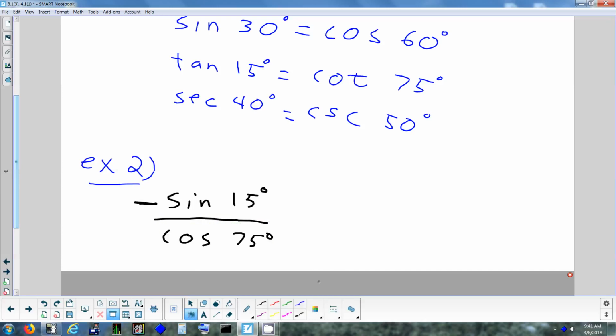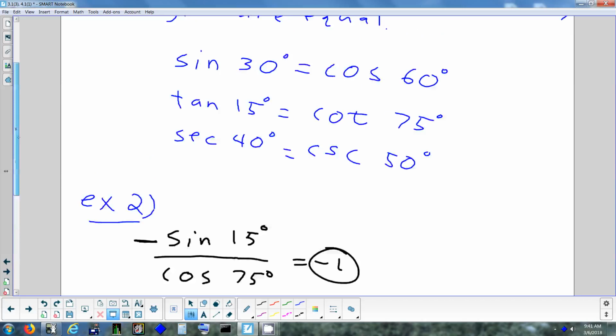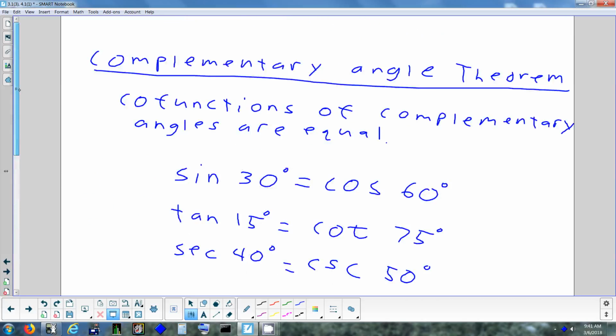Yeah, -1. We get -1. The sine of 15 is exactly the same as the cosine of 75. So you're dividing two things that are the same, you get 1. There's a negative in front, so you throw a negative in front of your answer. That's the kind of question you would see involving that theorem. Okay?